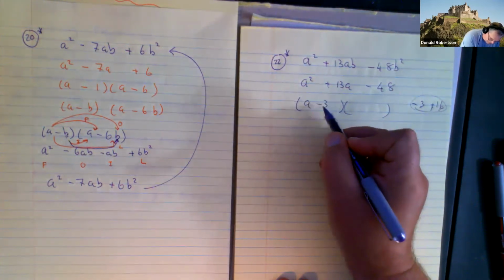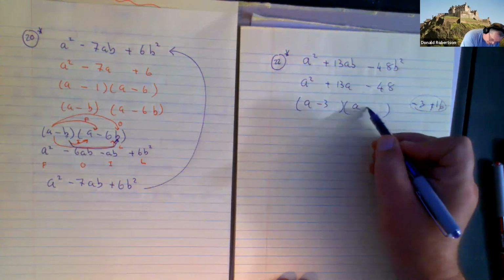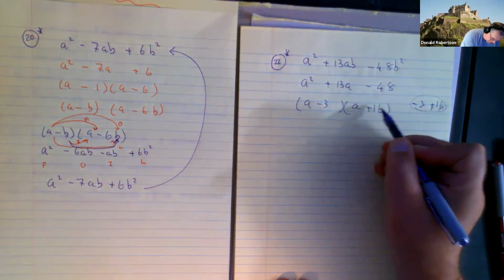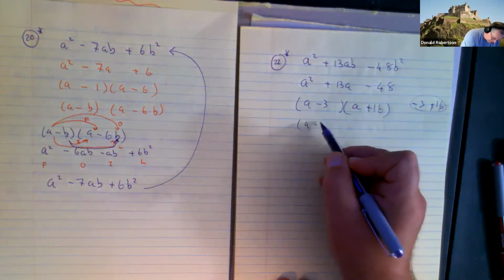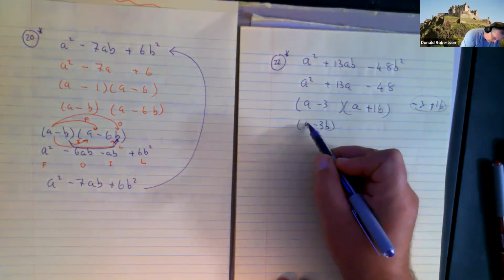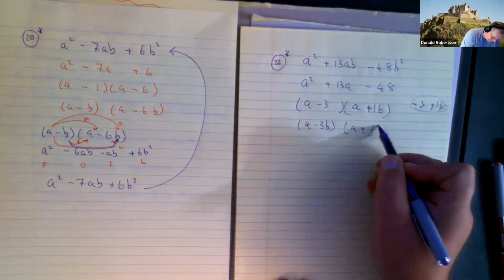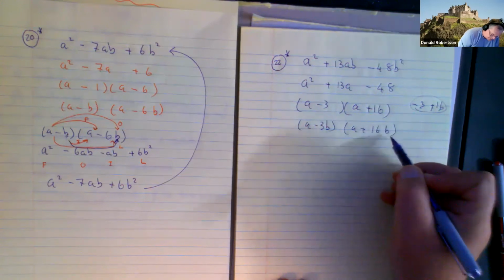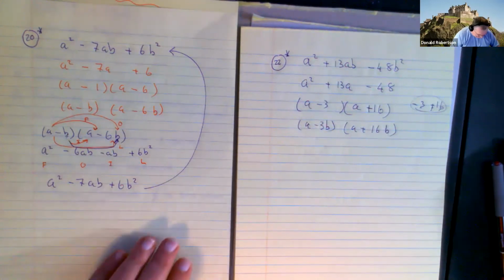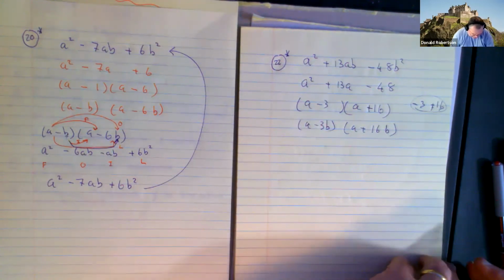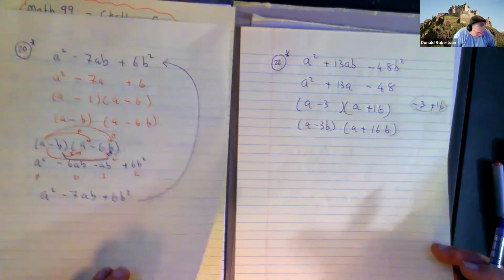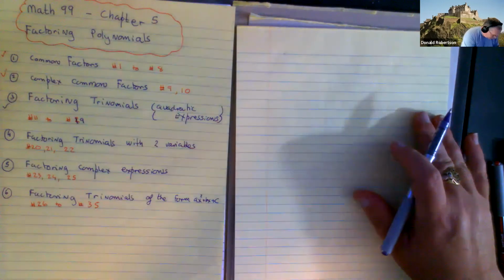So a take away 3, a plus 16. And then the negative 3 becomes negative 3b, and the 16 becomes 16b. And we are done. And so the trick, the shortcut of pretending that b is 1 and then factoring it, did the job.